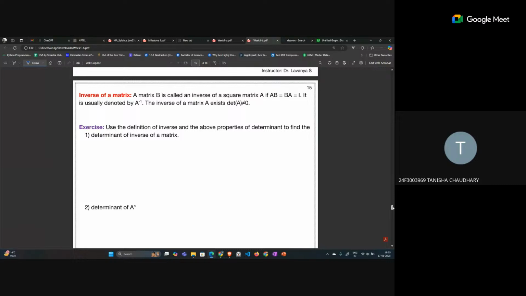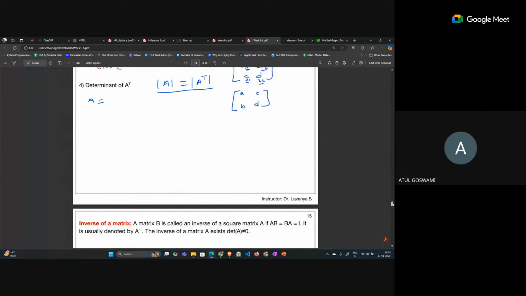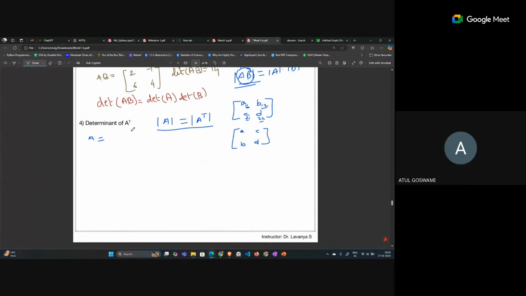Sir, one question. Can you repeat the previous slide? Yeah, this property: determinant of A transpose is equal to the determinant of A. Transpose of a matrix does not change the determinant value. Sir, what we are checking through this property is why we are doing it. We are studying these properties so that we can use them further in the course.